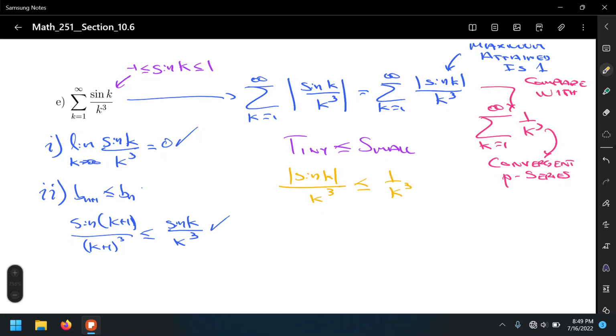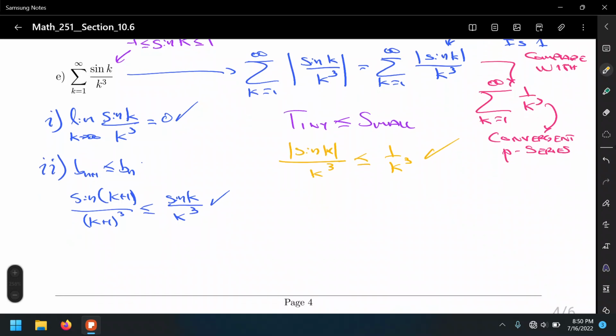Well, yes, this is less than or equal because in the case in which sine is below 1, of course, that meets the condition that it is less than. But in the case in which sine attains its maximum, which is 1, that's when it's also equal. So in this case, tiny less than or equal is true.